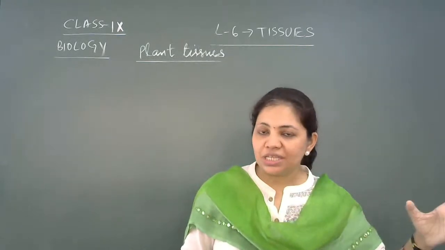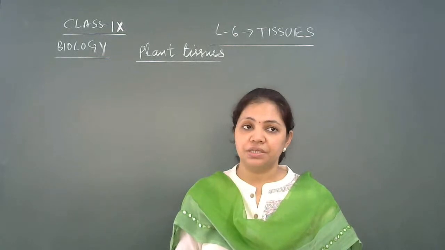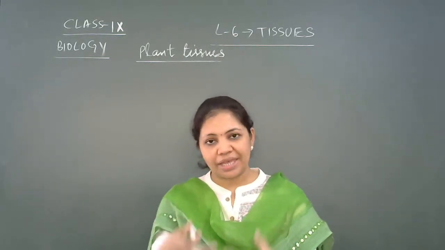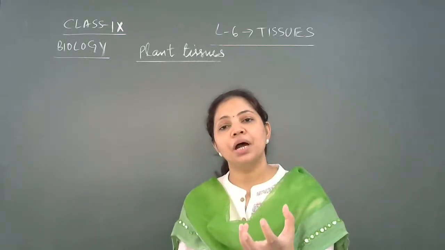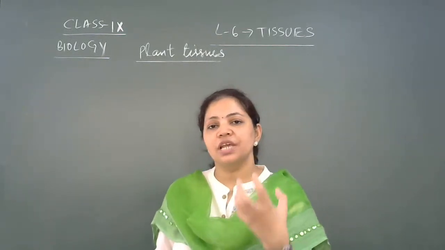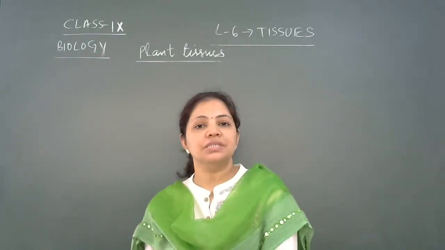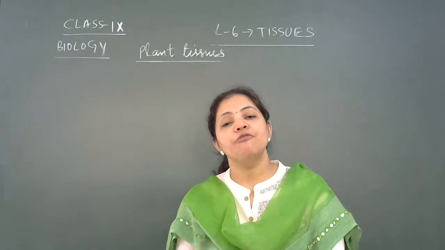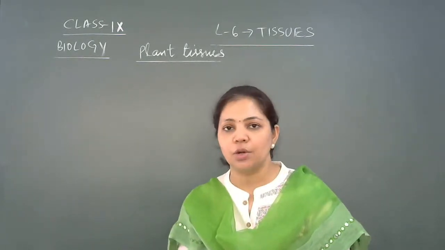Parenchyma has a lot of intercellular spaces, sclerenchyma has no intercellular spaces. Similarly, the most striking difference between parenchyma and sclerenchyma is that in parenchyma the additional thickening of the cell wall is present only at the corners, but in sclerenchyma there is a uniform deposition of additional material all over the cell wall.